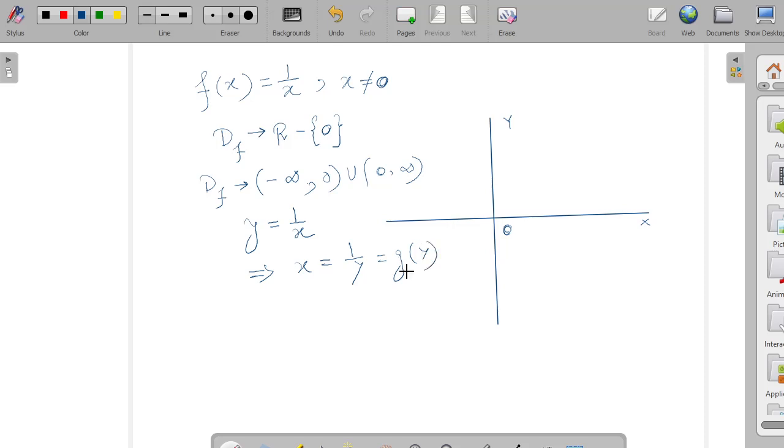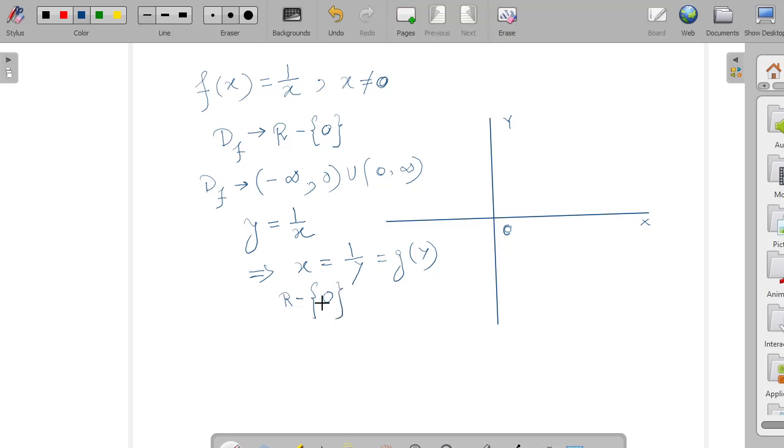Now we shall try to find the domain of this function g(y), and this will give us the range of our original function. As we have seen before, the domain of this function is the set of all real values excluding 0, so the domain of g(y) is the set of all real values except 0.